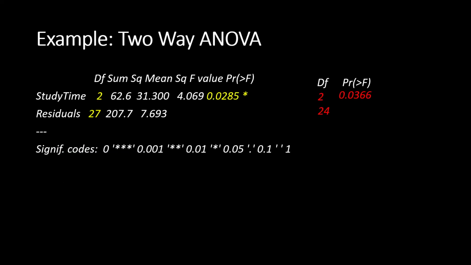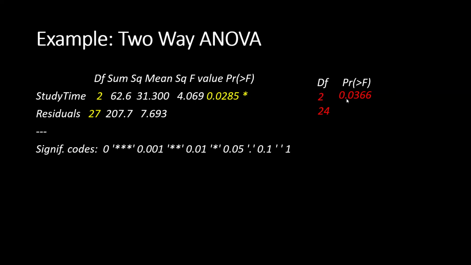Now, I just wanted to quickly demonstrate something because you might be a bit confused. If we were to run study time directly against stress or satisfaction as it is in our data set, in a one-way ANOVA, you'll see that the p-value is actually smaller than that of the two-way ANOVA.